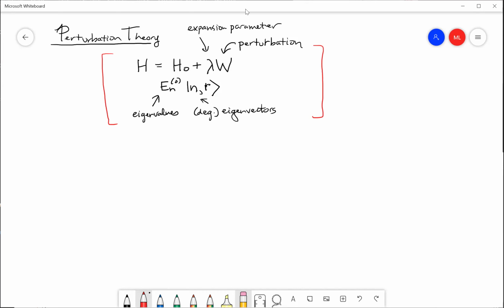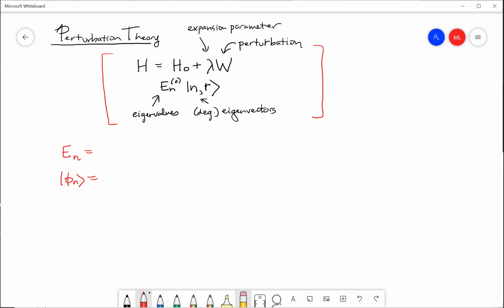So what is it that you want to derive anyway? Well, you want to know what the actual energies are. And you want to know what the actual states are. And maybe I'll call those phi n. That's what you want to know. And again, because this is our expansion parameter, we want to know them as a Taylor series in lambda.